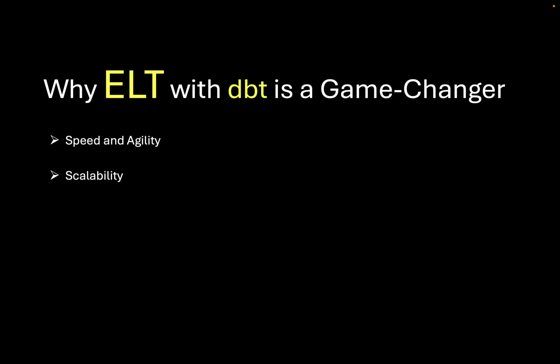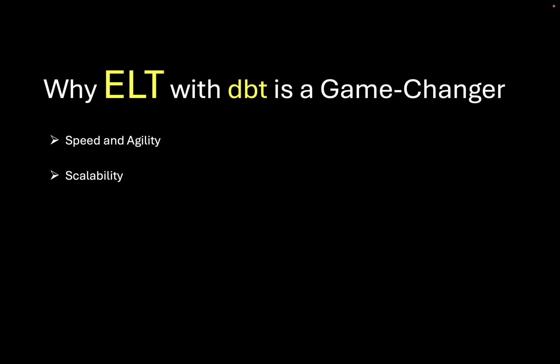Okay, and the other benefit here is scalability. You leverage the massive processing power of your modern data warehouse for transformations, rather than relying on separate, often bottlenecked ETL servers. If you are using data warehouses like Snowflake, BigQuery, or even Redshift, those are quite scalable and have large storage space.